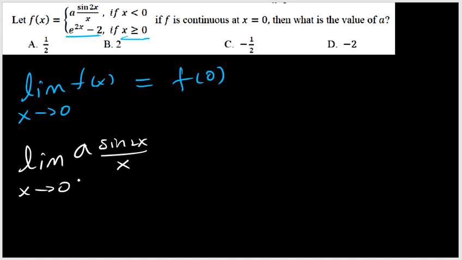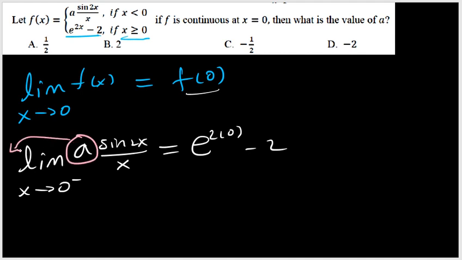From the left side, obviously, but left or right doesn't matter because the functional value, the second one, will be taken already, e to the power of 2 times 0 minus 2. Here the a is a constant, so it doesn't have an effect, we can extract it, but try to observe now. Sine of what? 2x over x. So I have to multiply here by 2, and the upper part also will be multiplied by 2, but that 2 will remain with a, so it will be 2a remaining.